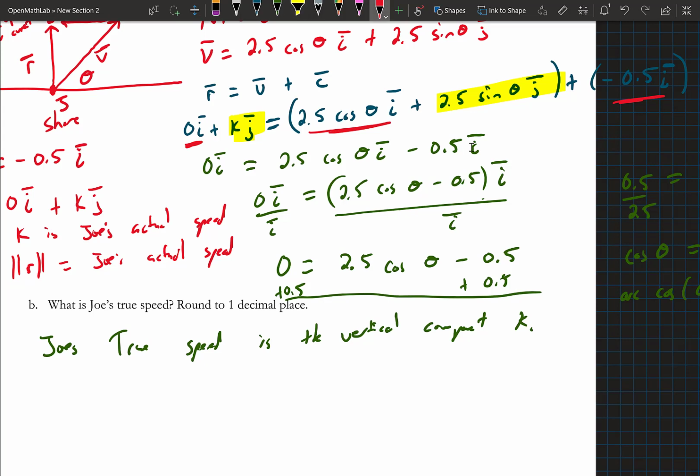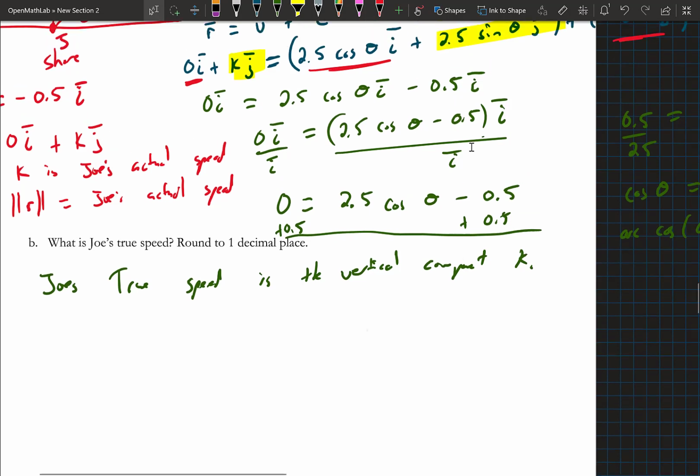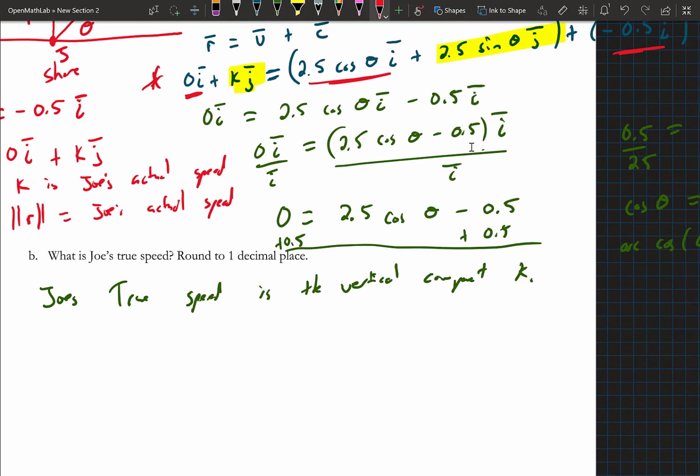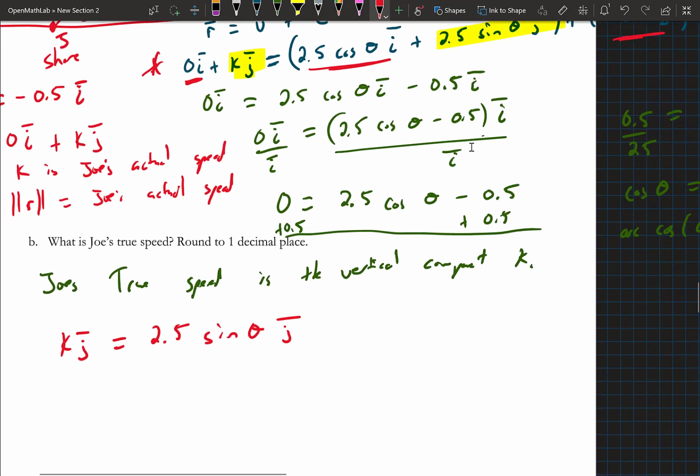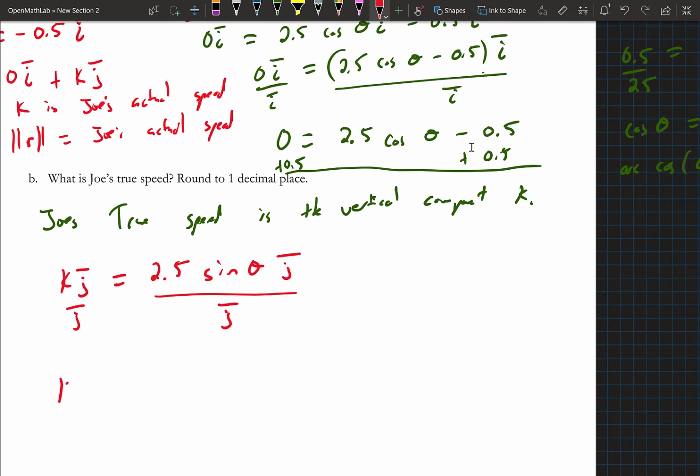Just like part A, we're focusing on one of the components. So in order for this equation to be true, you have to have kj equal to 2.5 times sine theta times vector j. Similarly, we can divide both sides by vector j, not a capital J, a little j. And that gives me that k must be equal to 2.5 times sine of theta.